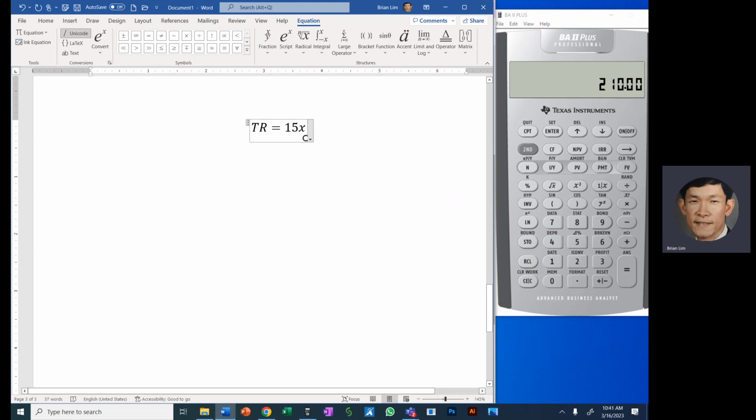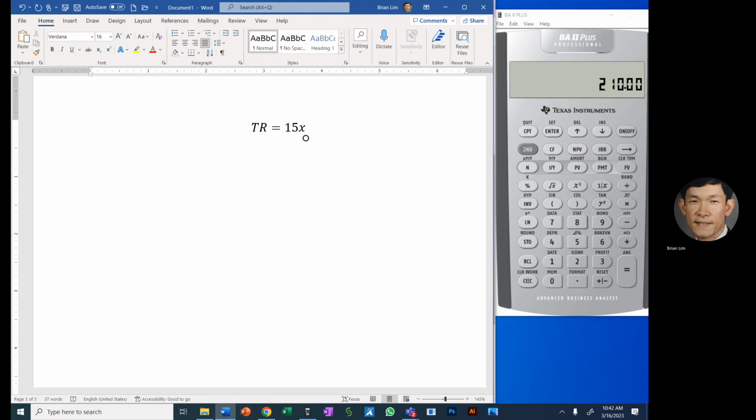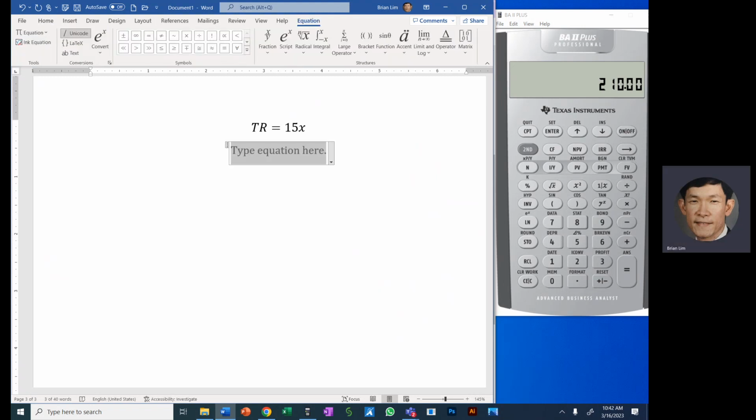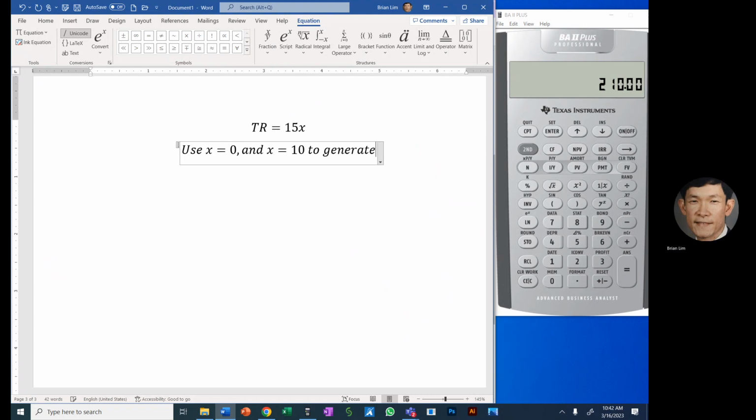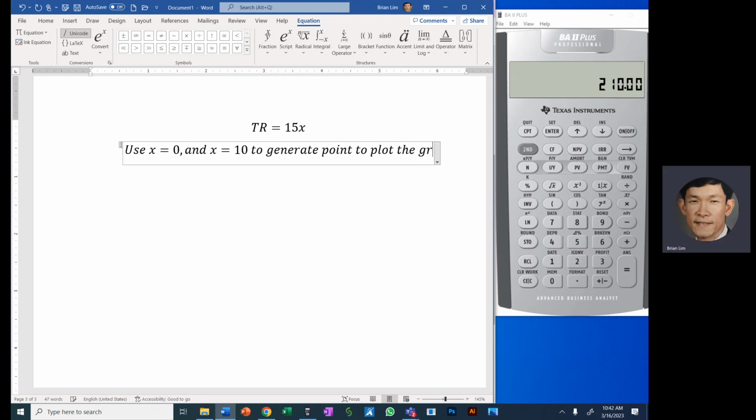So how do we graph? Well, it's very simple what you need to do. You have to find the values for x. So we will decide to use, all right, maybe we can use the equation mode. So use x is equal to 0 and x is equal to 10 to generate points to plot the graph.